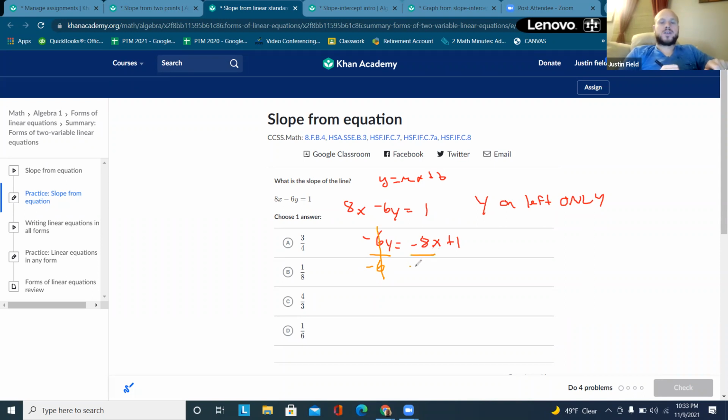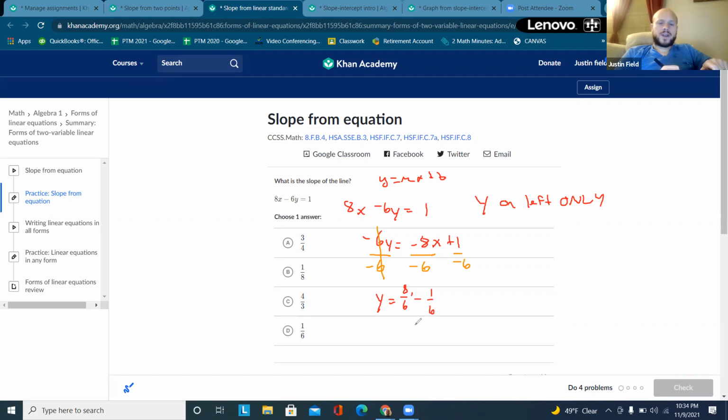But then I also have to divide by -6 on this term and this term. I need to divide everything by -6. And then two negatives cancel out, and that's 8/6. And then 1 and -6. And so I'm going to put that just like this. And I'll put that negative sign out front. And I don't even need to write plus because it's a minus.